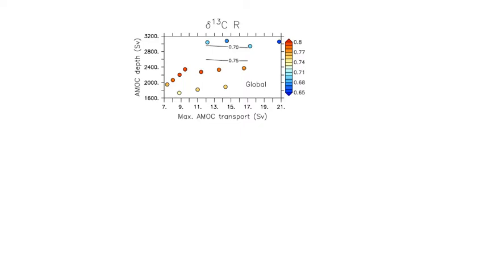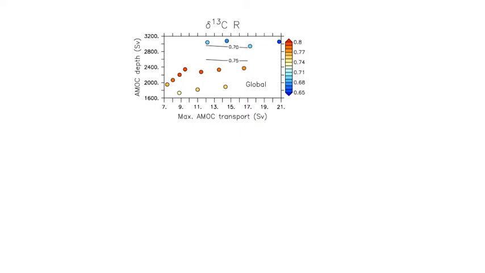You can already see that the deep AMOC simulations here are blue. They are not in very good agreement with the data, whereas AMOC depths of around 2300 meters are in dark orange, so they are in much better agreement with the sediment data.